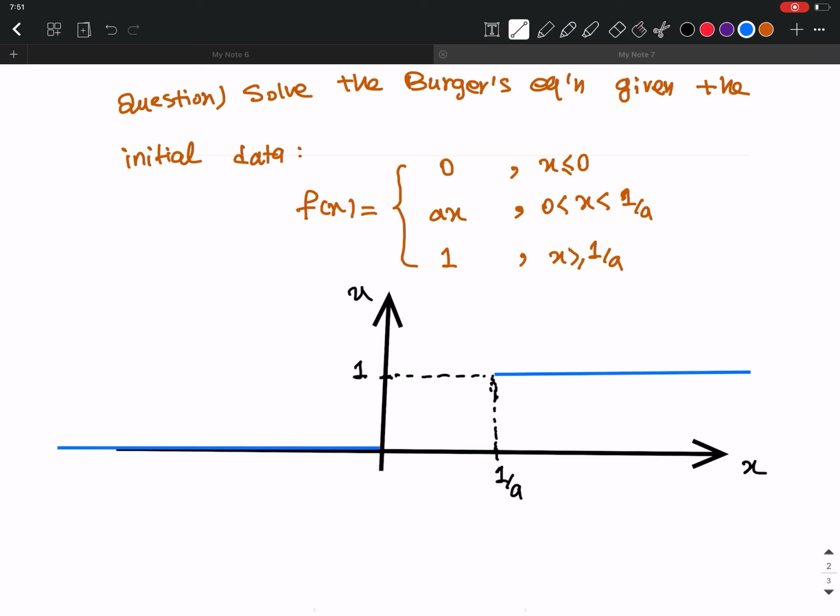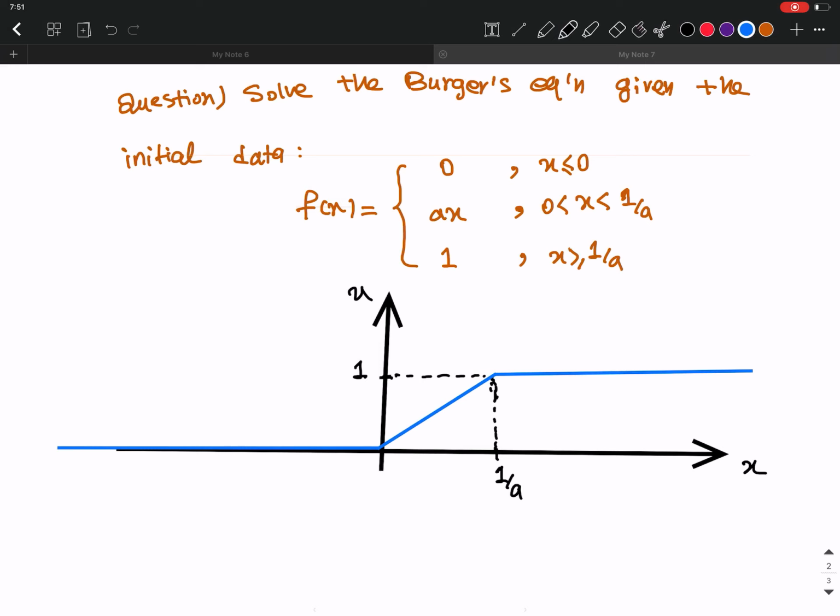So we have this here, and in between it's just ax. So I'm just gonna connect these two here. So this is how the initial condition looks in my problem, right?